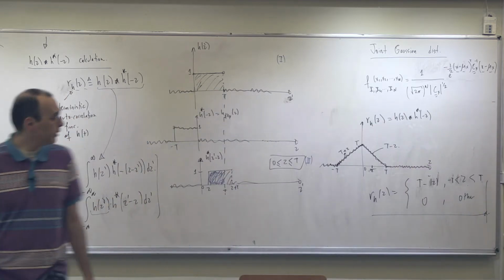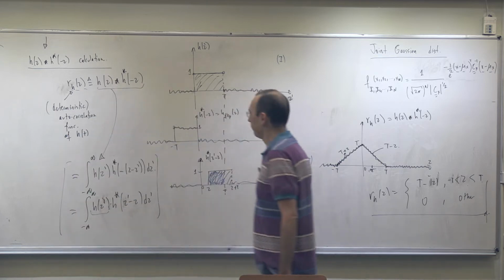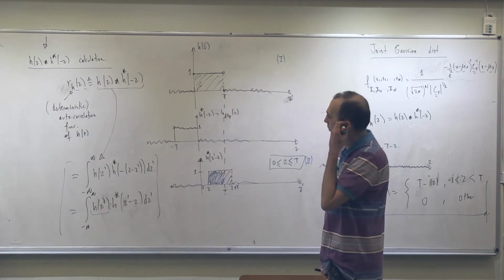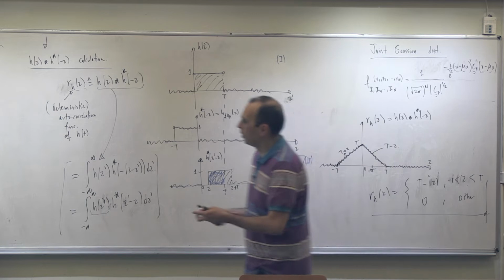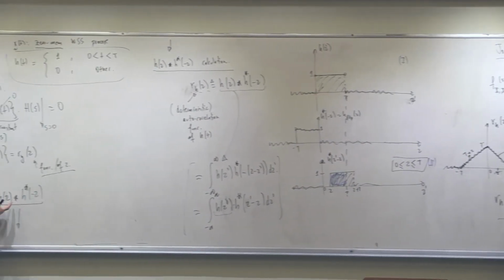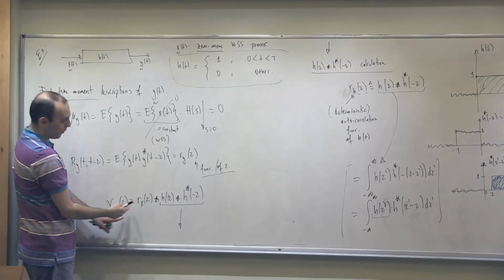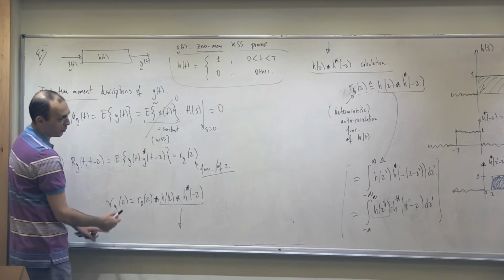So what we have seen, maybe you will remember, is the deterministic autocorrelation in action. Maybe this is not news to you, but in case you have forgotten, this is the way you calculate the deterministic autocorrelation. So now I have one more convolution actually. This is the deterministic autocorrelation convolved with another one, and that will be the final result for the output autocorrelation.